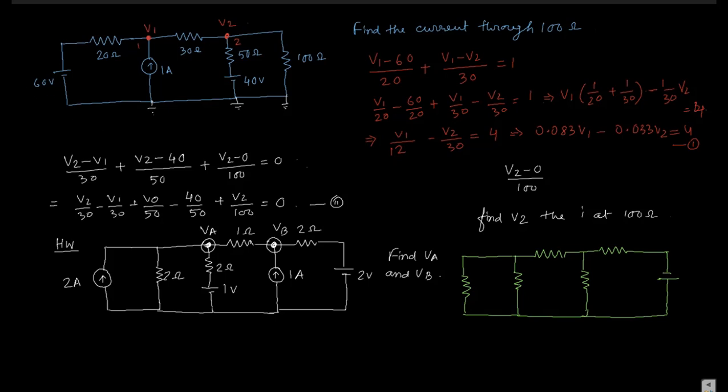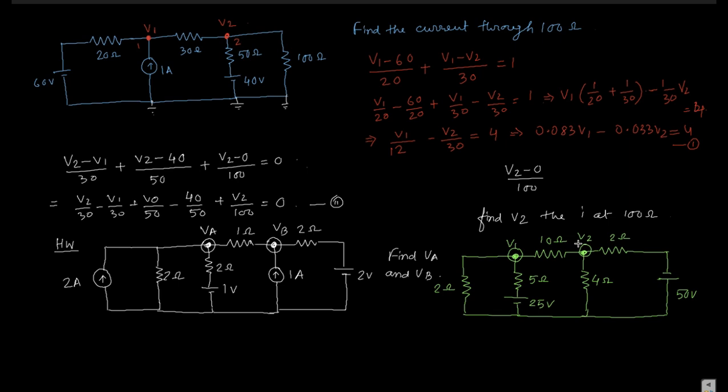Here another voltage source is also there. It is like this: this is 25 volt, this is 50 volt, this is 4 ohm, this is 5 ohm, this is 2 ohm, this is 10 ohm, and this is 2 ohm, and this one is V1 and this one is V2.